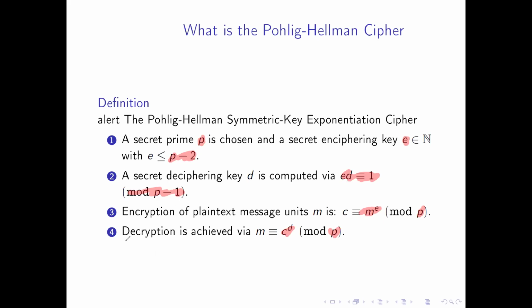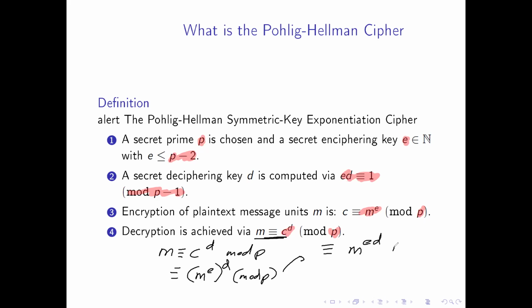So if you look at this real quickly, let's take this last statement right here: M equals C to the D mod P. But that's the same thing as M to the E, because that's what C is, to the D mod P. And that is the same thing as M to the ED mod P. But this statement up here, that ED is congruent to 1 mod p minus 1, is the same thing as saying that ED equals p minus 1 times some integer K, plus one more, because that's the definition of modular arithmetic.